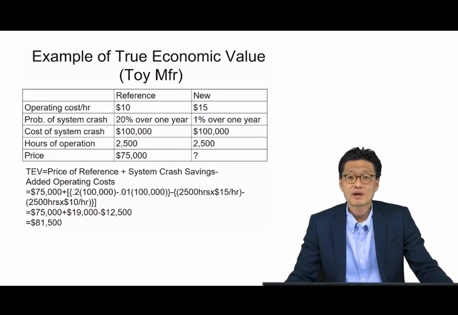And the reference price in the market currently is $75,000. We're trying to determine the price that should be charged to this toy manufacturer for this new air filtration system.